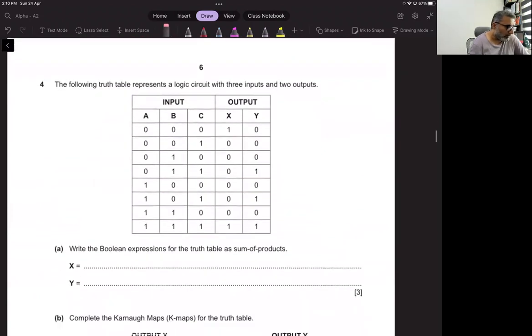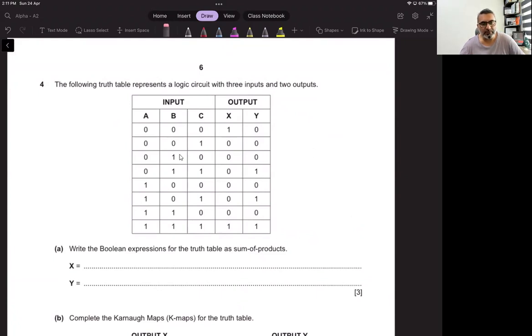Now, the following truth table represents a logic circuit with 3 inputs and 2 outputs. So definitely it is a full adder.